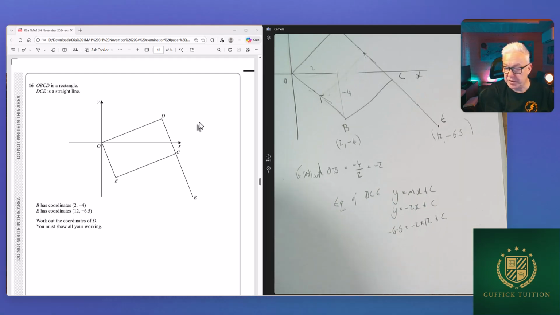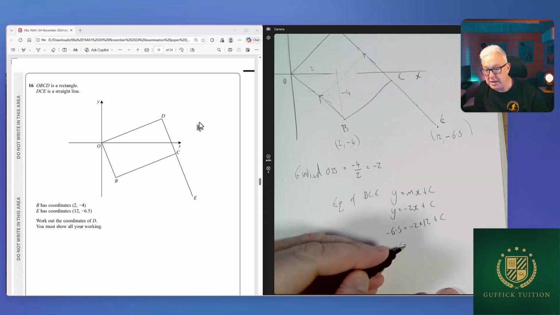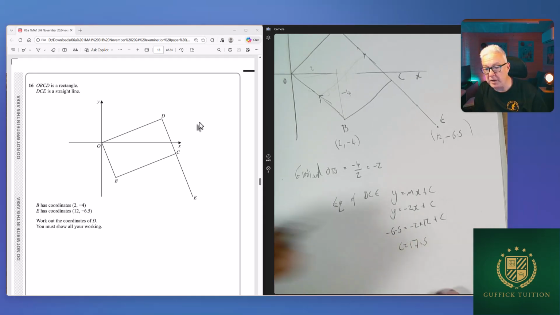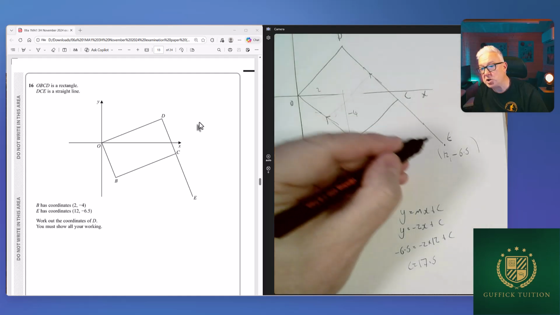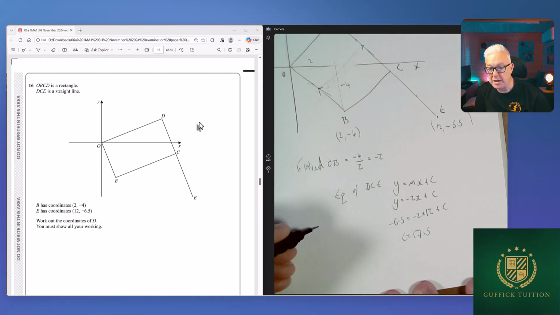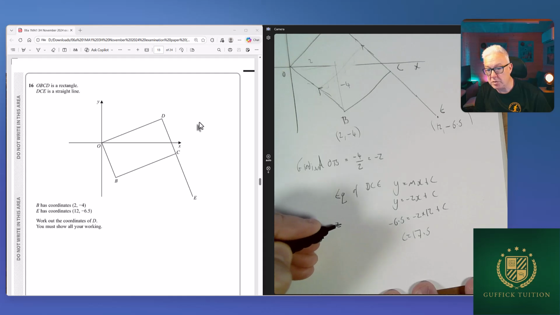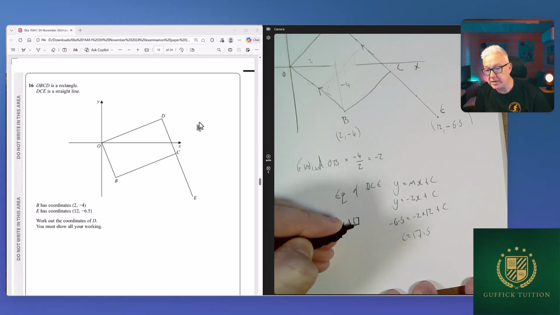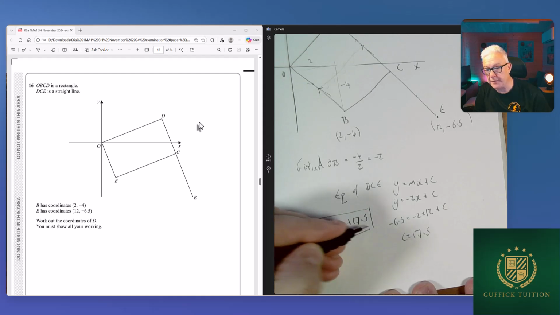So this is going to help us to work out what c actually is. So c is going to be 24 minus 6.5, which is 17.5. So c is equal to 17.5. So that means that the equation of this line here is that y is equal to -2x plus 17.5. So we found the equation of that line.